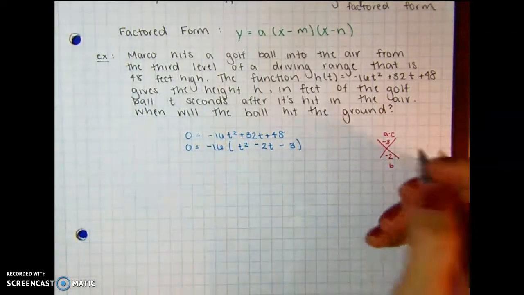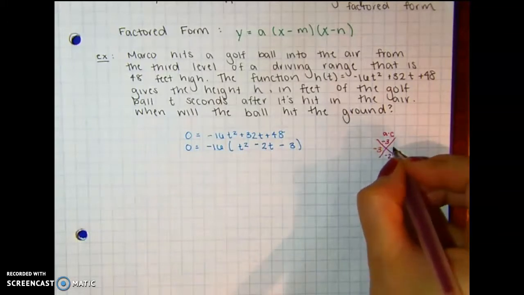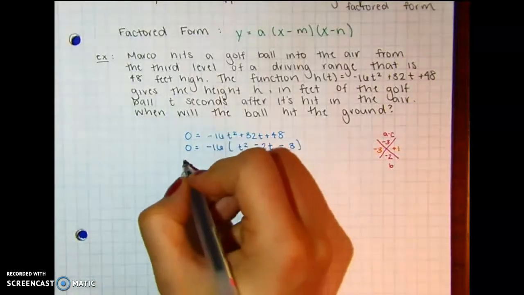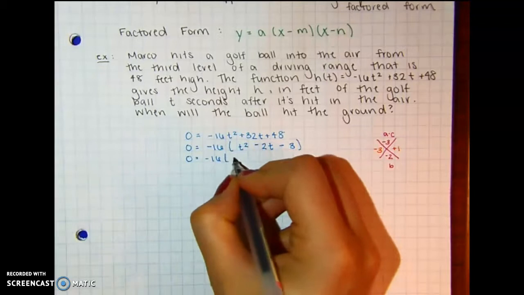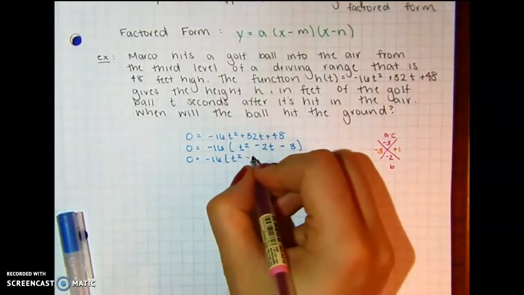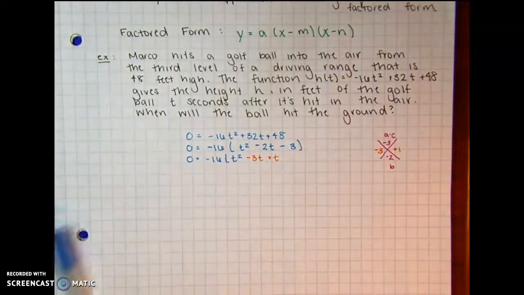That'll be -3 and +1. So if I'm going to do factor by grouping, it'll be 0 equals -16, and then t squared minus 3t plus t, and then -3.